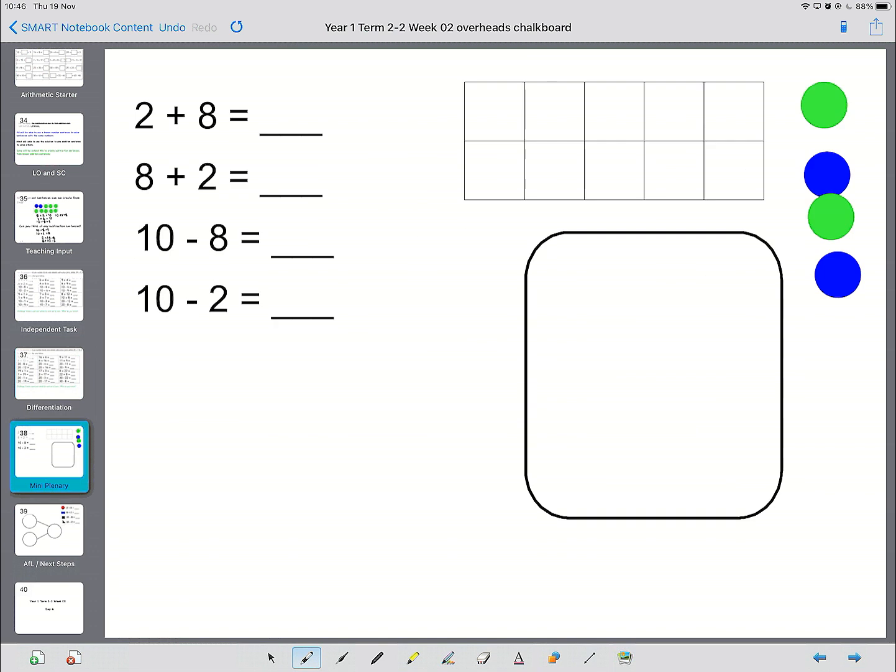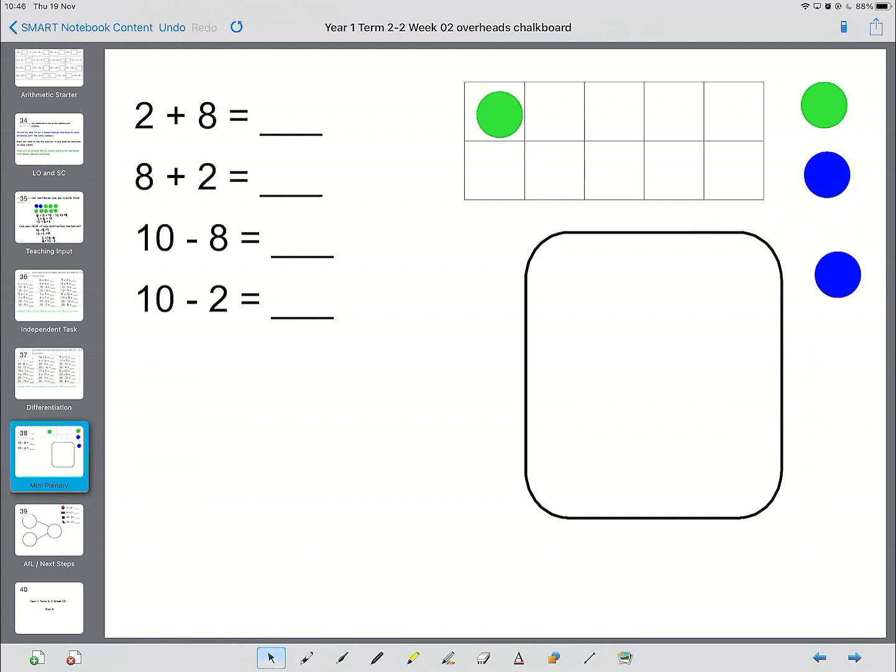Okay. So, very quickly, can you find the answers to these questions? 2 plus 2, 2 plus 8, and 8 plus 2. Well, to help you, I'm going to put it out on a grid.